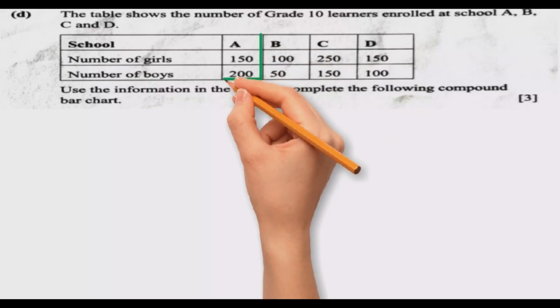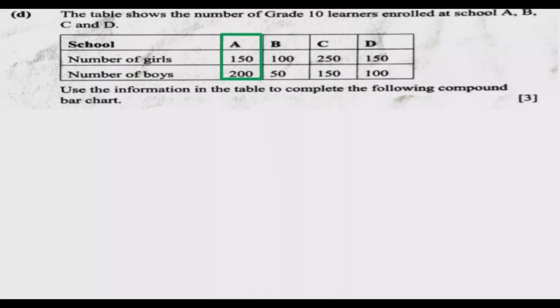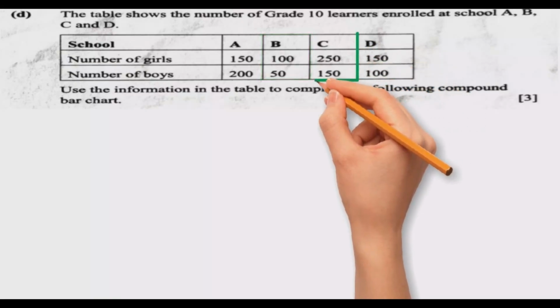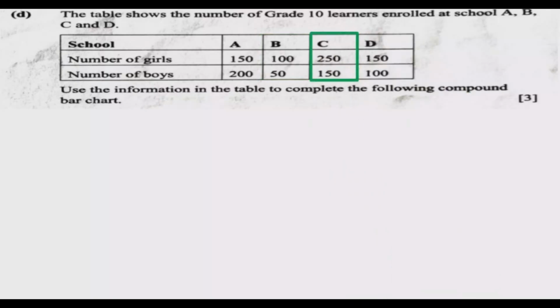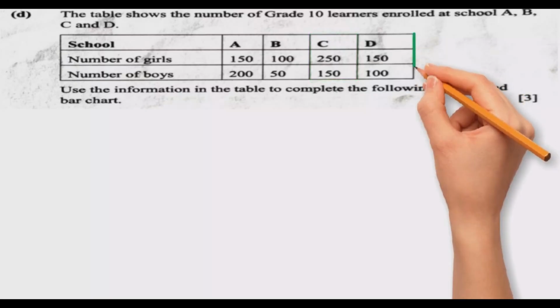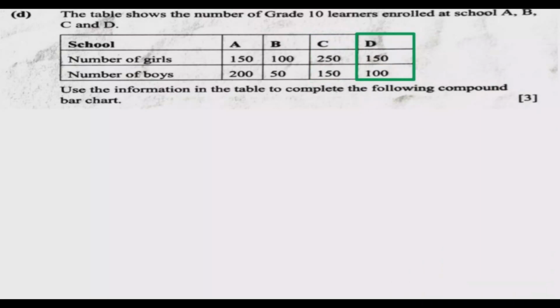For school A, there are 150 girls and 200 boys, and this is done for us here. Then school B has 100 girls and 50 boys, school C has 250 girls and 150 boys, and school D has 150 girls and 100 boys.